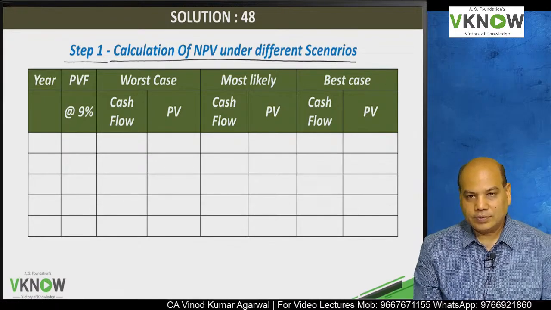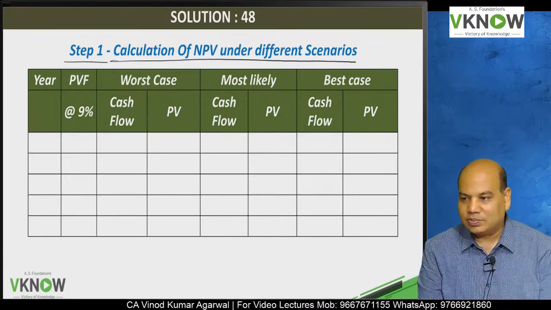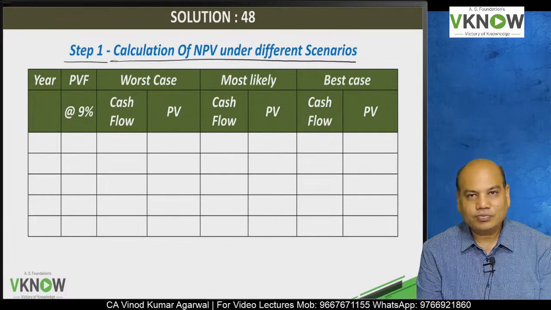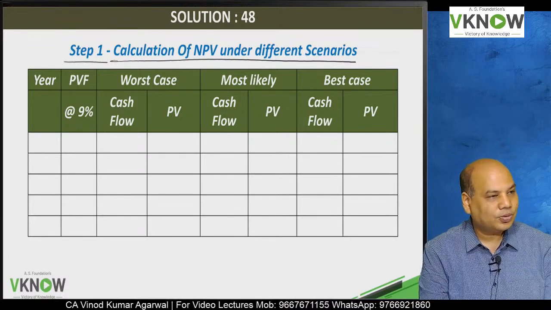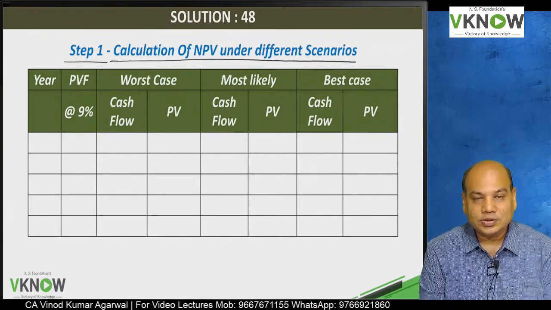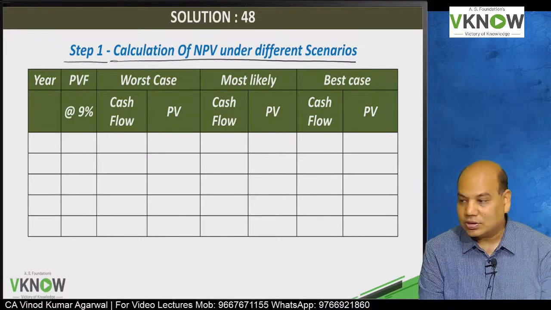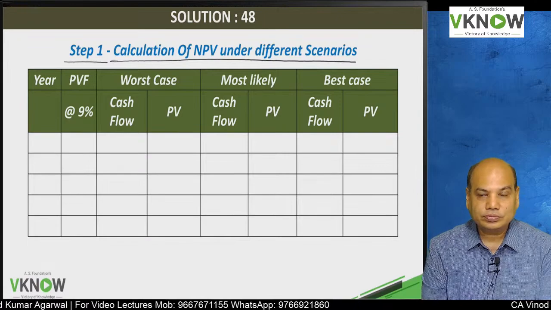First column year, second column present value factor at 9%, third column worst case, under that 2 columns cash flow, present value, then most likely 2 columns cash flow, present value, last best case cash flow, present value.